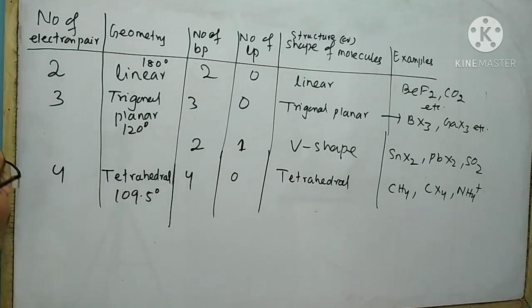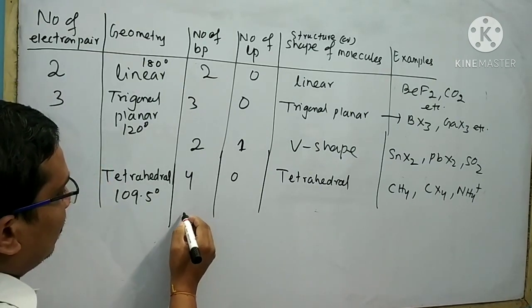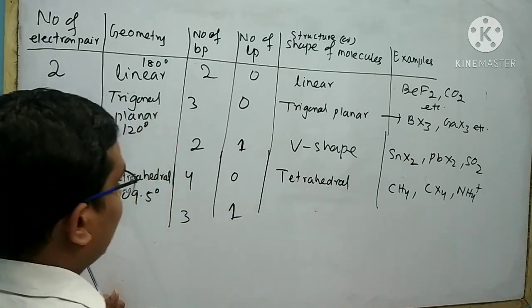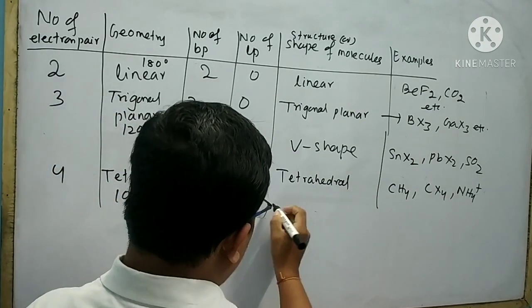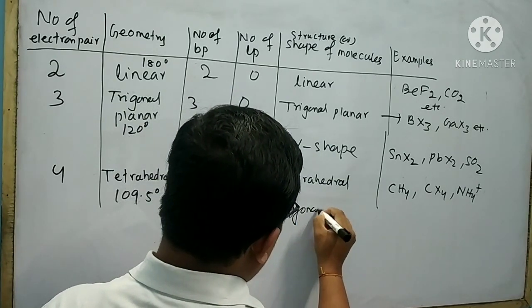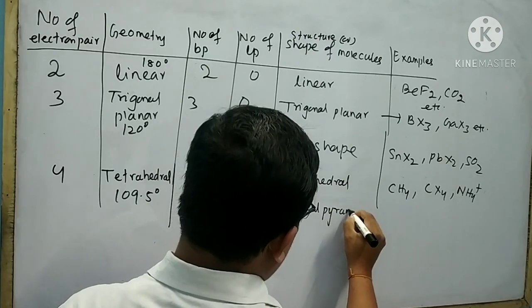Among the 4 electron pairs, suppose 3 electron pairs are bond pairs and 1 electron pair is a lone pair, then the shape of the molecule is trigonal pyramidal.